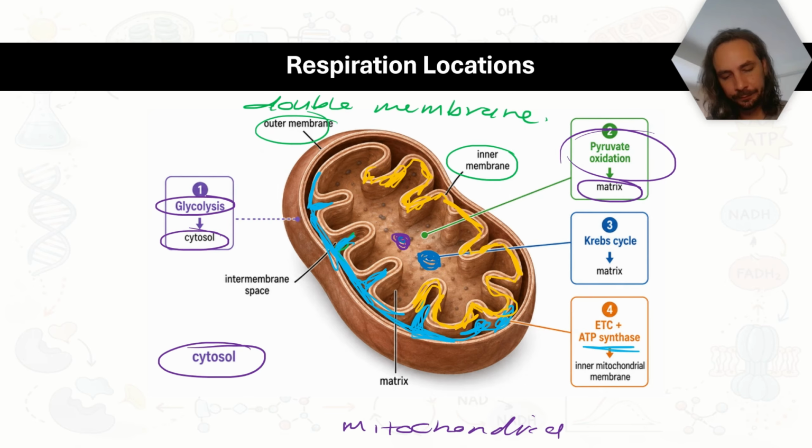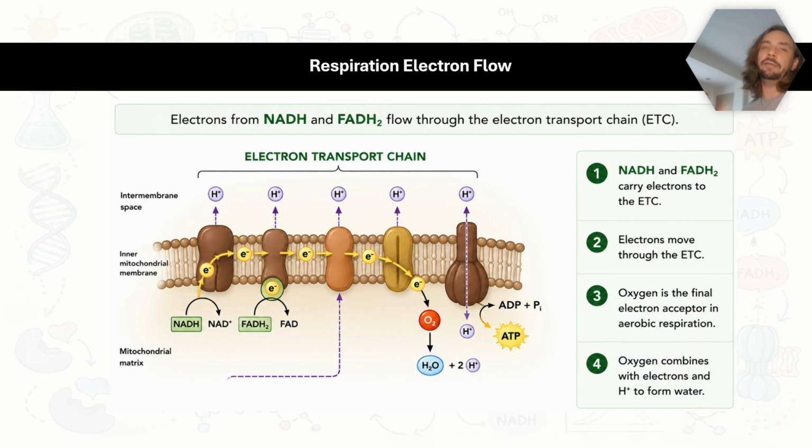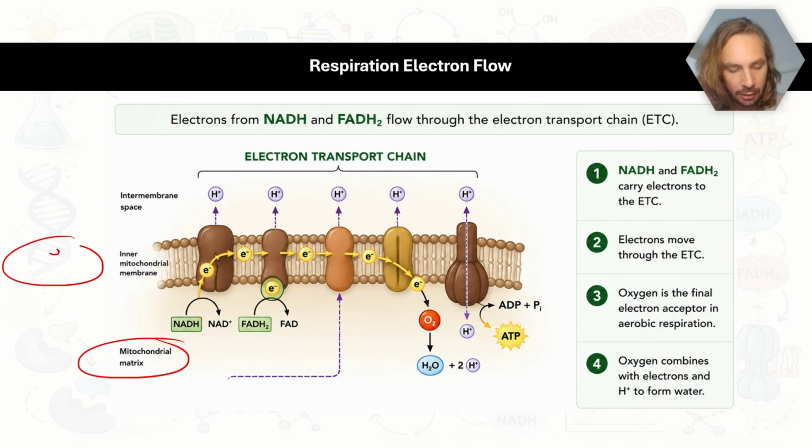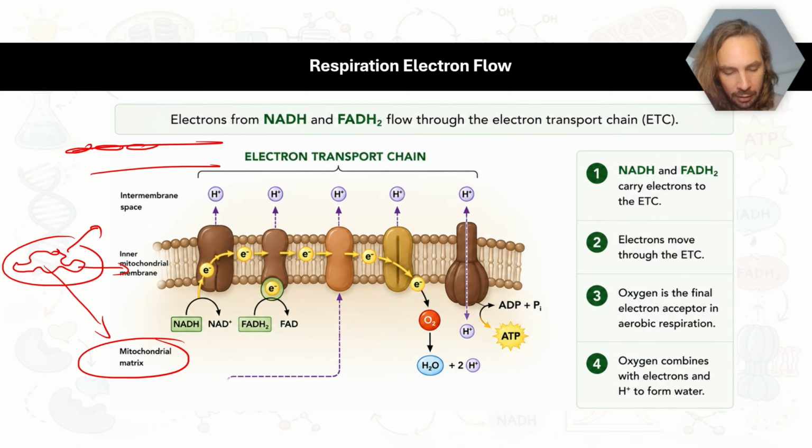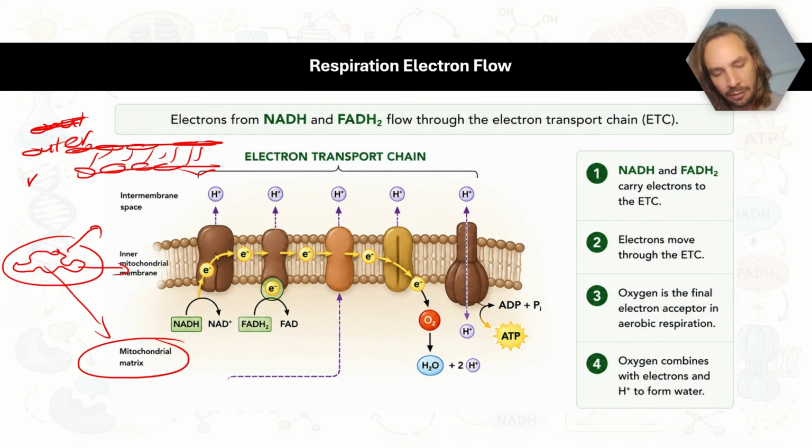Now, if we look at the electron flow in mitochondria, this is the mitochondrial matrix. This is on the inside of the mitochondria. This is the inner membrane, and this is the intermembrane space, because here would be another phospholipid layer, and that will be the outer membrane.